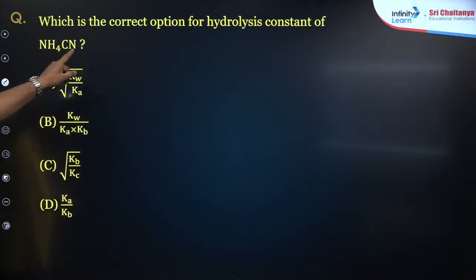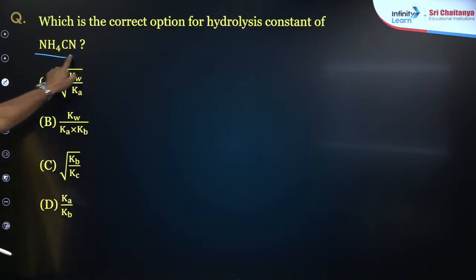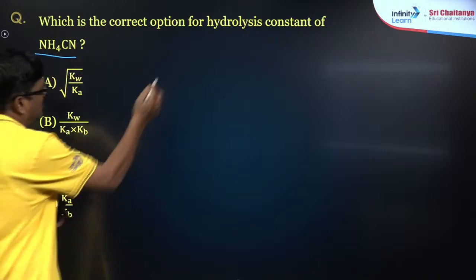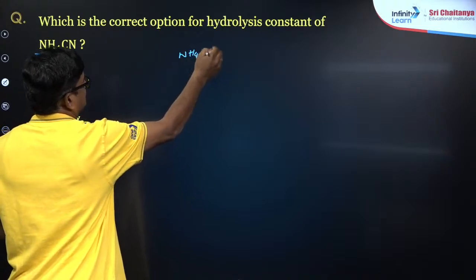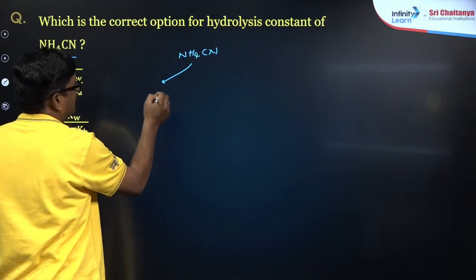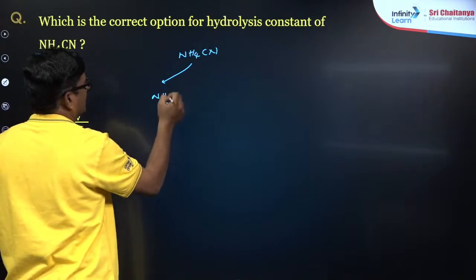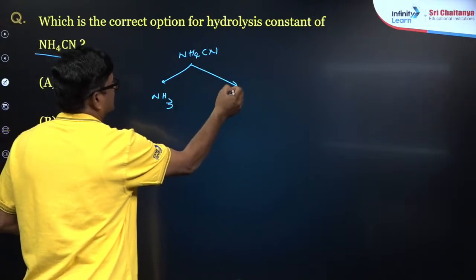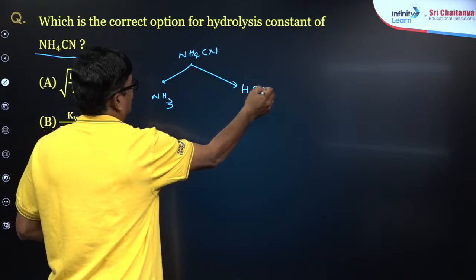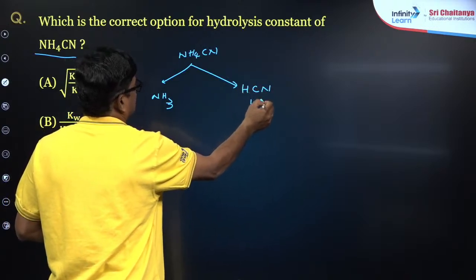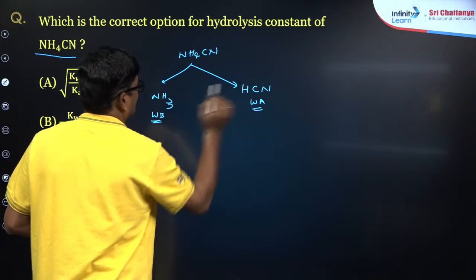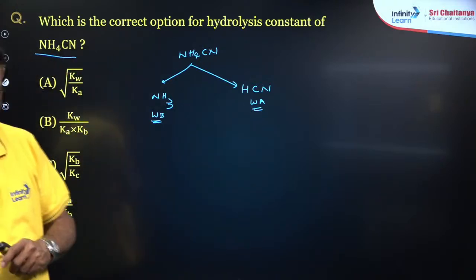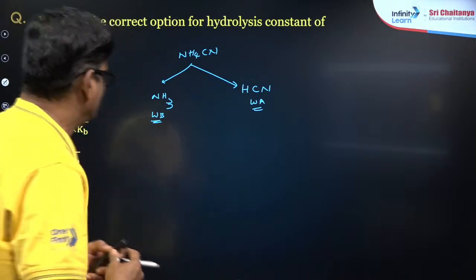Now let us see one more. What is the correct option for hydrolysis constant of ammonium cyanate? So ammonium cyanate, he is ammonia and he is HCN, and it is a weak acid and it is going to be a weak base, right?